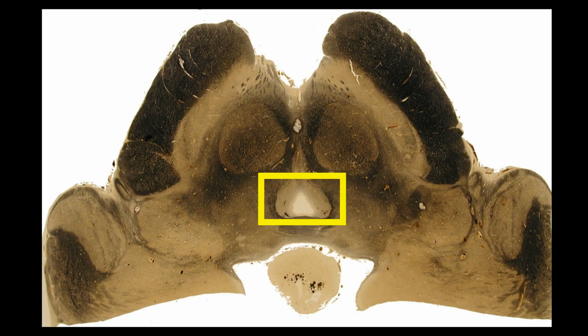We would need a cell stain at a higher magnification to see the actual nuclei. Second, the interstitial nuclei of Cajal, just lateral to the central grey on either side, more or less buried in white matter. The white matter contains fibres of the rostral interstitial medial longitudinal fasciculus, or RIMLF. Both pairs of nuclei and the RIMLF are all involved in control of conjugate eye movements in the vertical plane.